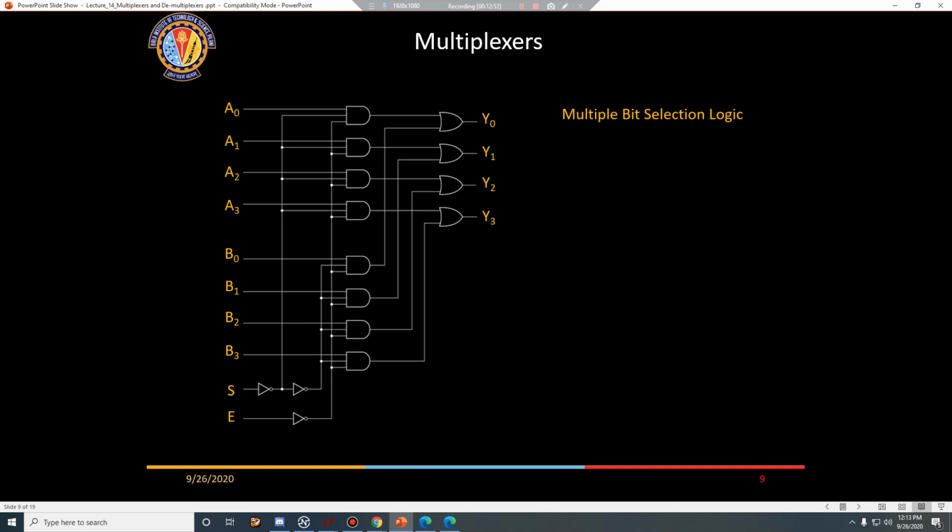Sir, isn't the second NOT gate on the S redundant? This one? Okay, you want to route it directly to B? Yeah, you can do that also. Why it is given like this is, when S is coming from a different chip, there will always be a lot of noise there.